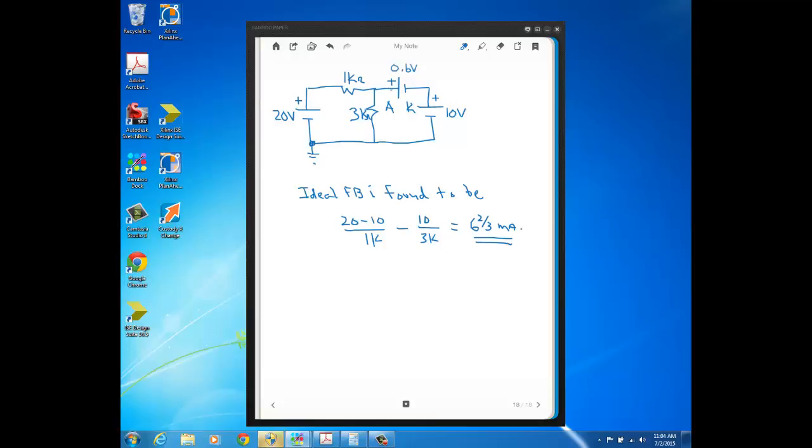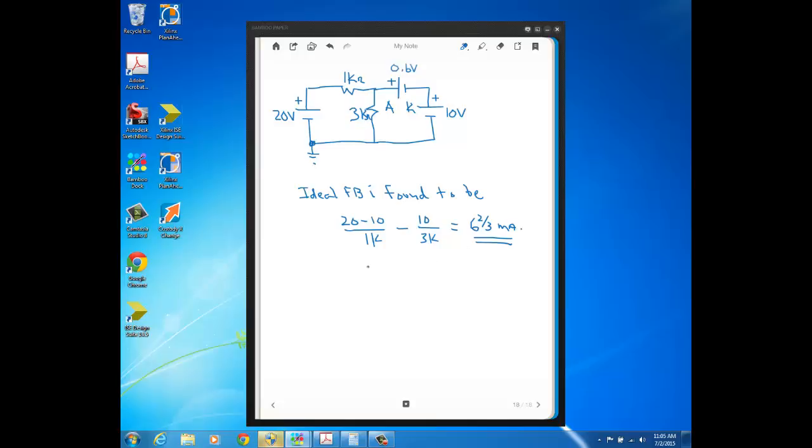If you imagine a short here and do a KCL to find the current through that short, the current through this 1K is going to be 20 minus the 10 volts on this side divided by 1K, minus the current through the 3K, which would just be 10 over 3K. This was done in an earlier video, so you can go back and look at that video if you have any questions about where this 6 2/3 milliamps came from.